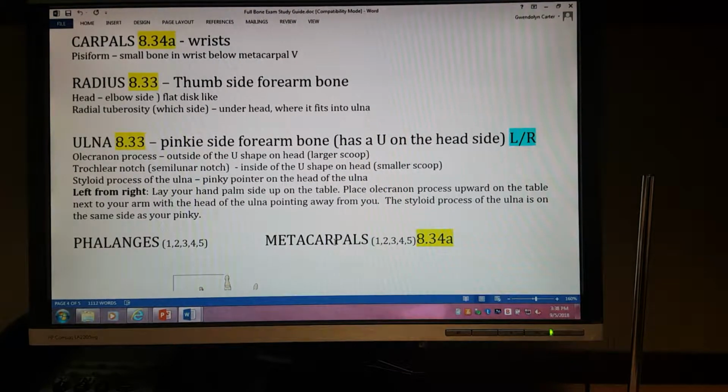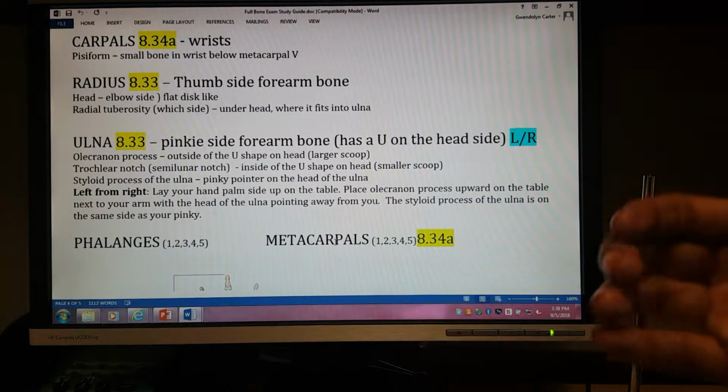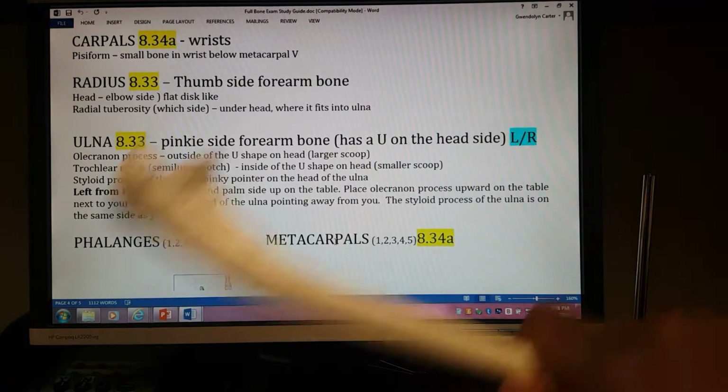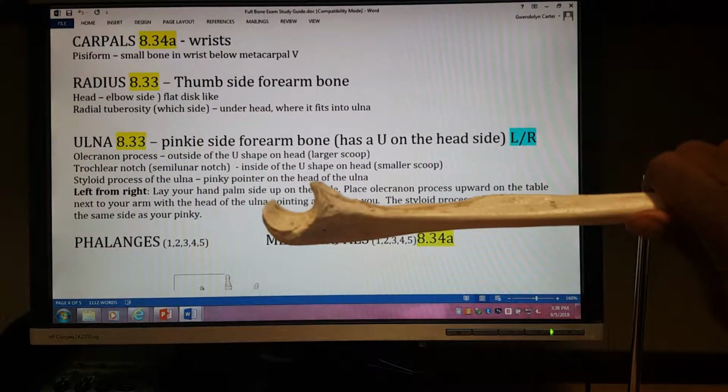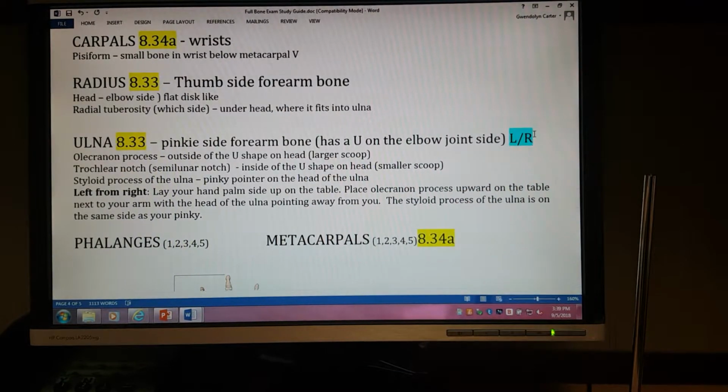For your ulna, again, your ulna is on your pinky side. You will have to know the difference between the left and the right. Okay, let's try this again. I actually got this from a student who combined everything into one study guide, and they did make a very high grade on the test.